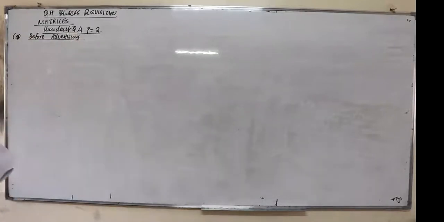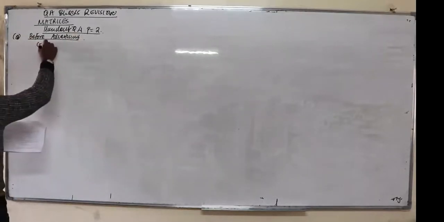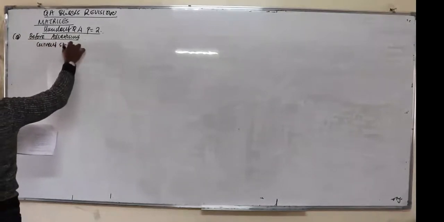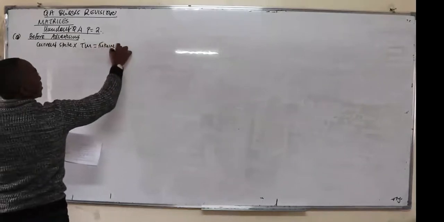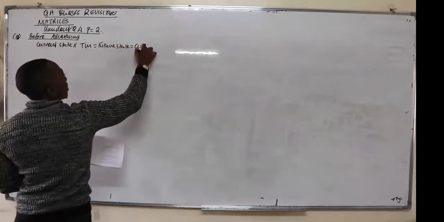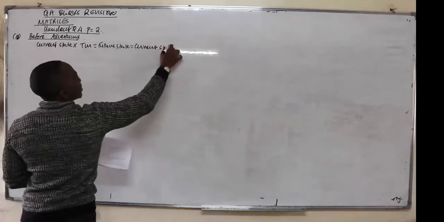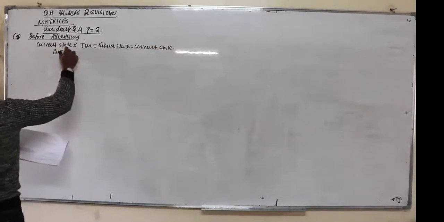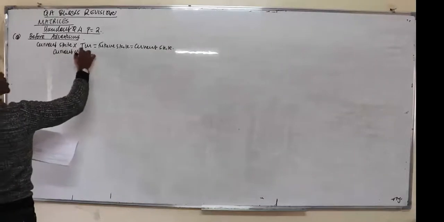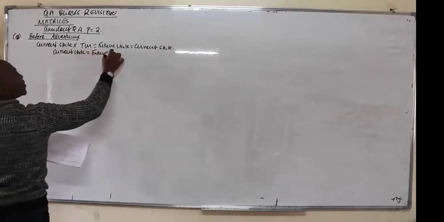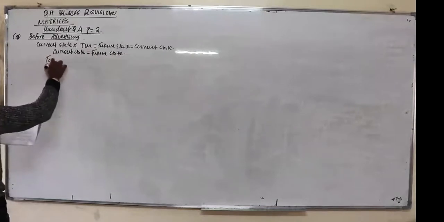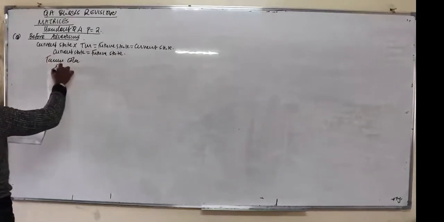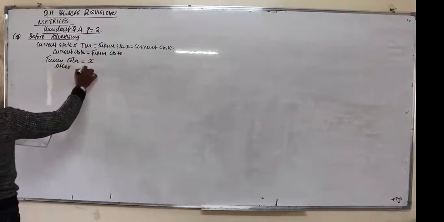And we say that at equilibrium, the current state times the transition matrix gives the future state, of which the future state is equal to the current state. That means, in short, the current state is always equal to the future state. That means the transition matrix has no effect. So we can say that we have Tamu Cola and we have others. So let Tamu Cola be X, let others be Y.